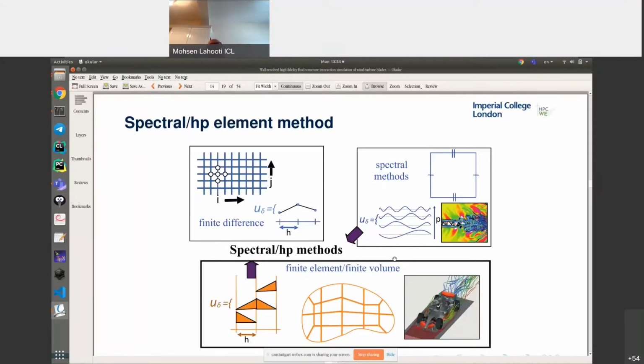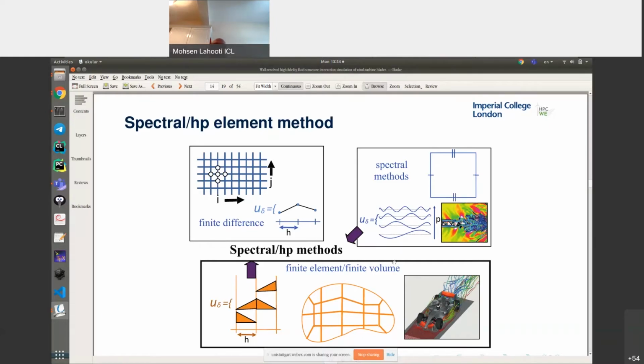We can see it as a unification of the traditional spectral method, which has very high accuracy and is used in simple geometries with periodic boundary conditions, and the finite element or finite volume method that has the ability for tessellation of a complex geometry.